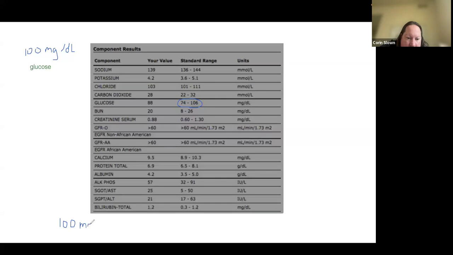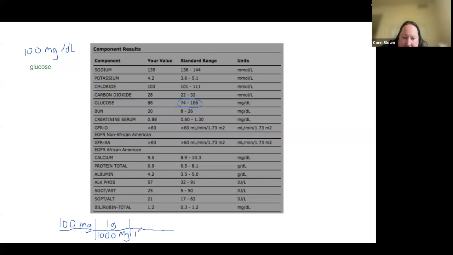So I know that in order to convert to moles, I need to convert that from milligrams to grams. So I know there are 1,000 milligrams in 1 gram. I'd also need to look up the molar mass of glucose or calculate it using a periodic table.